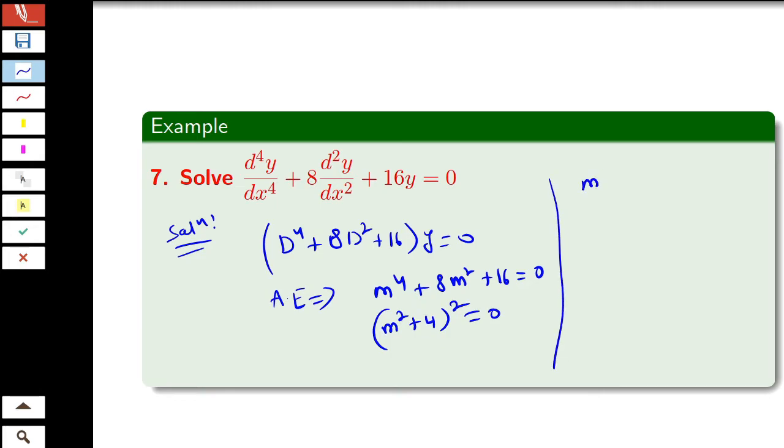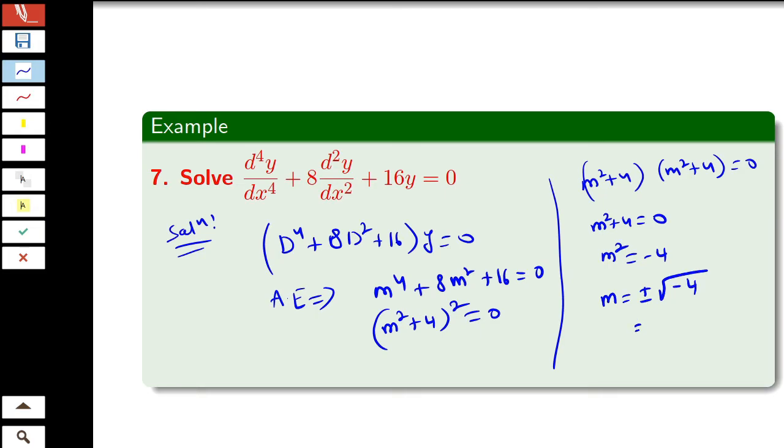So you can write m square plus 4 into m square plus 4 equal to 0. You can take one of them, m square plus 4 equal to 0. Generally students write plus or minus 2, but here m square equal to minus 4, so m equal to plus or minus square root of minus 4. Here square root of a negative is involved, so plus or minus i root 4, which is 2. So plus or minus 2i.